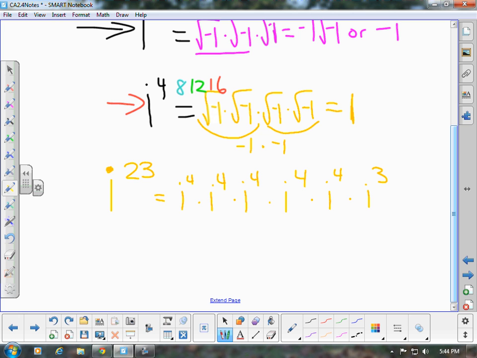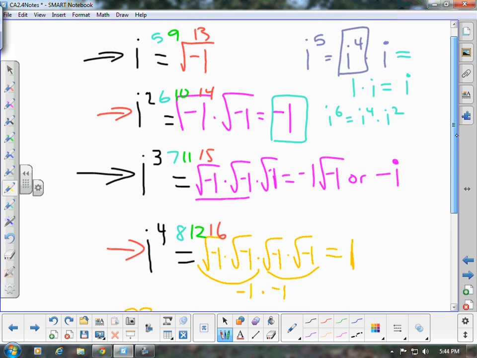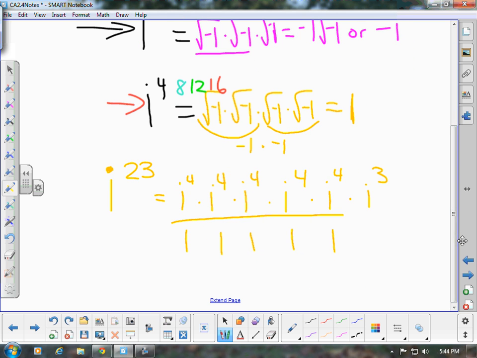These are all 1, and then it's i to the third, which is negative i. And so you'd get a negative i for this one.